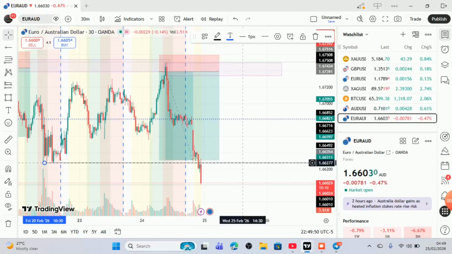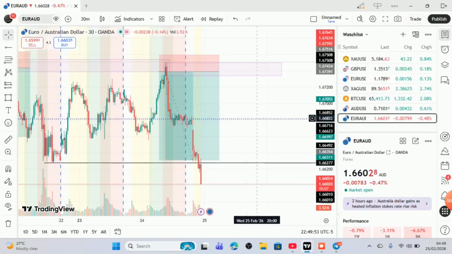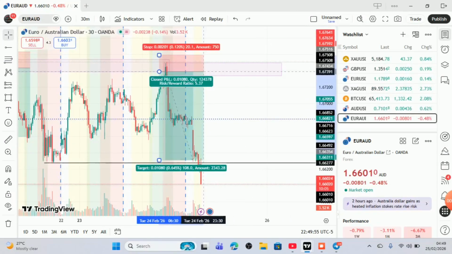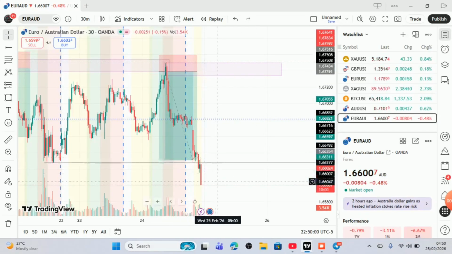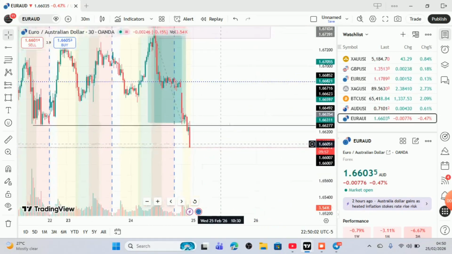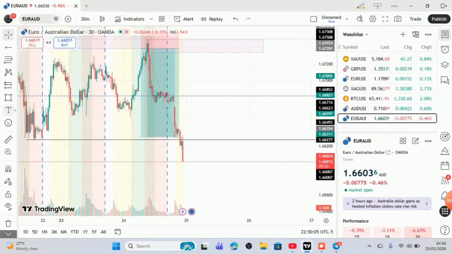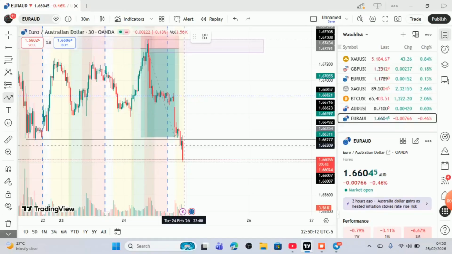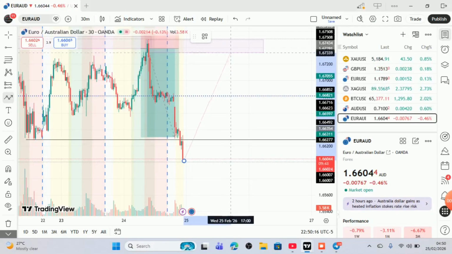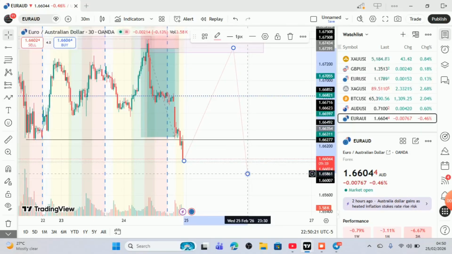I'm fixing this line here just to remind me that this market is on a downtrend and the break happened clearly. So what am I waiting for? I'm just waiting for price to do something like this. This price to get up here and give us that move again.